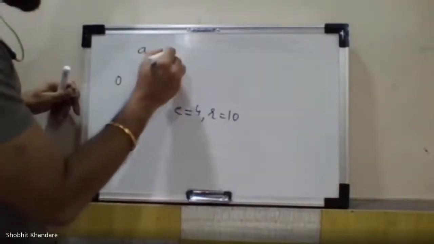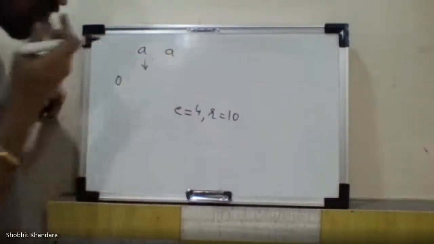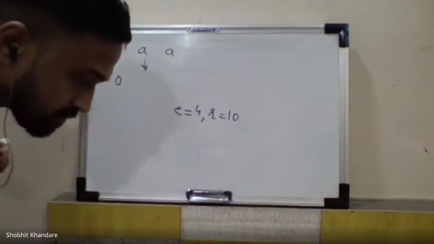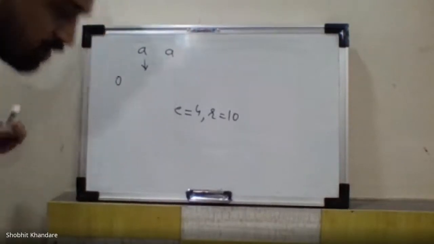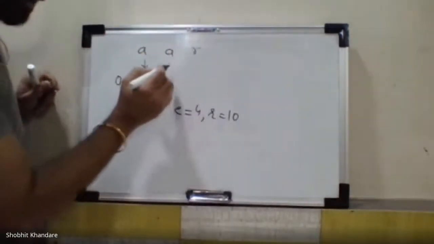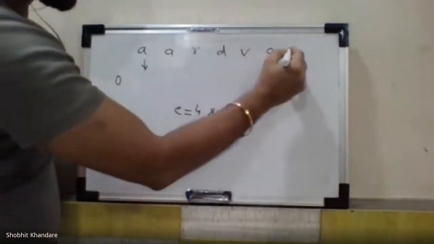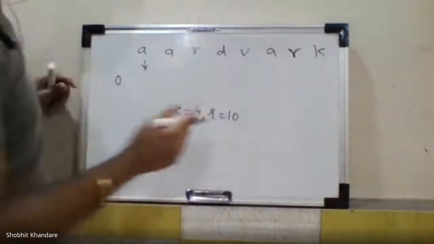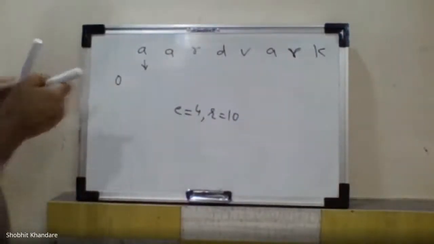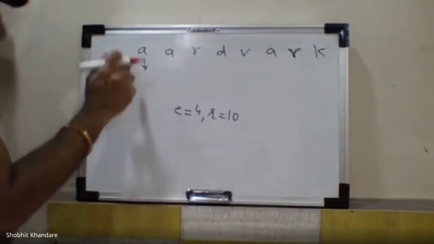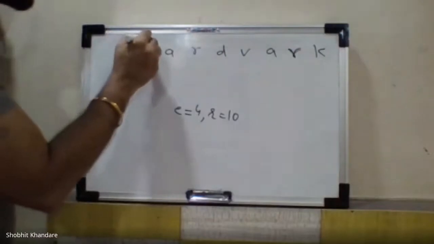The message given is AARDVARK. So for this particular first occurrence of the symbol, K is equal to 1.